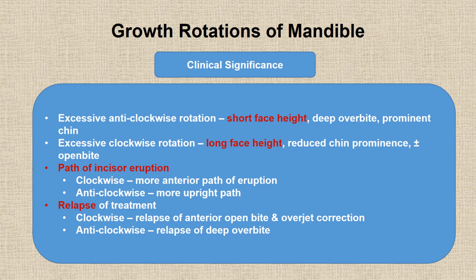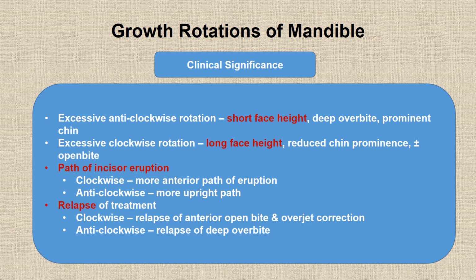Now, what is the clinical significance of these rotations? As I mentioned, excessive anti-clockwise rotation results in what is known as short face syndrome, whereby the facial height is reduced, and the patient tends to have a deep overbite and a prominent chin.